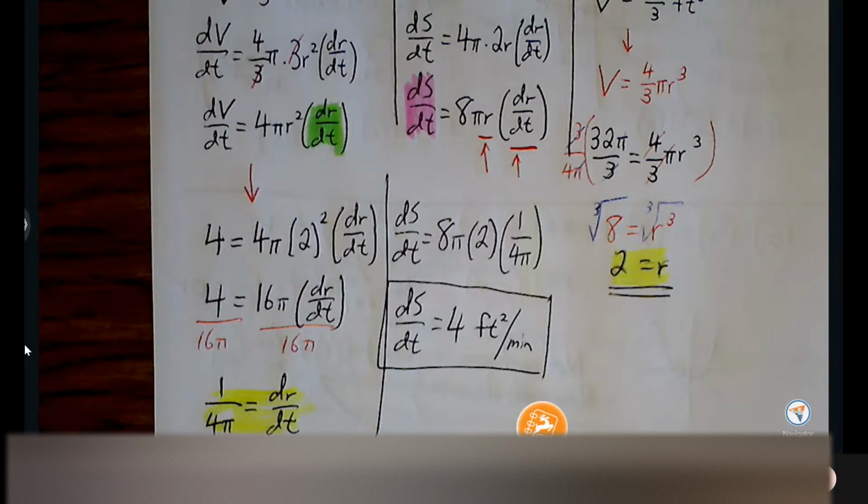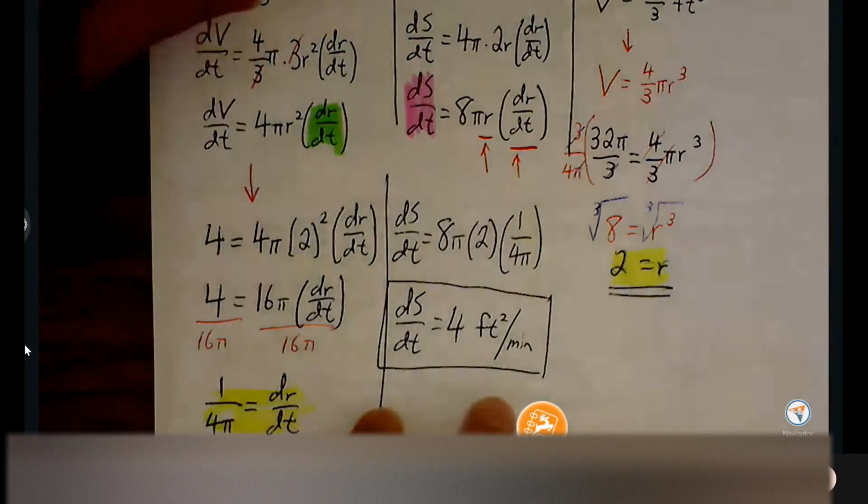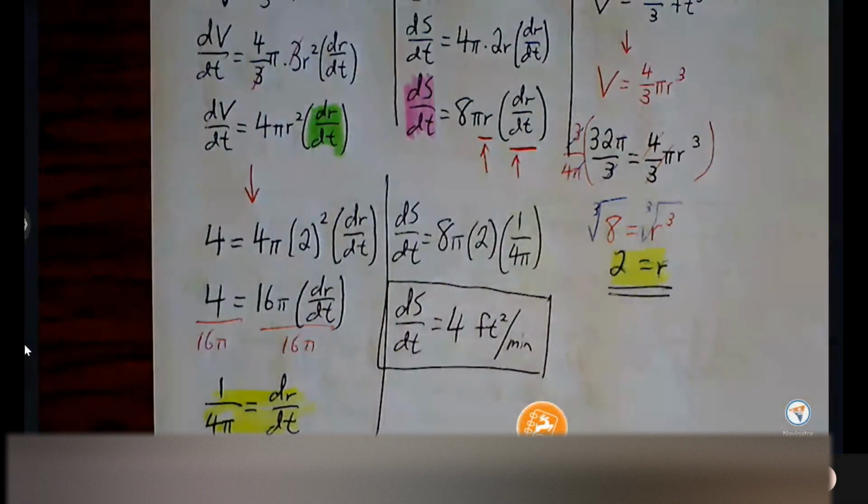Okay. All right, let's do another related rates problem, but now let's talk about cones. So this is number 47 off of packet number 1.